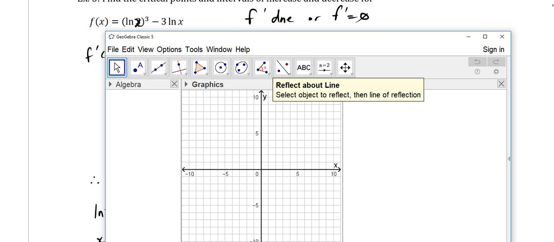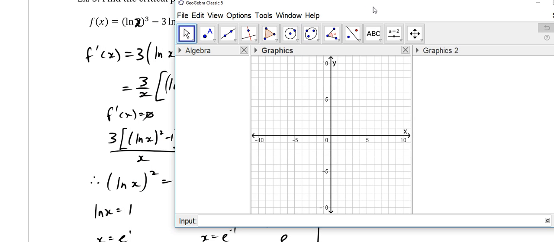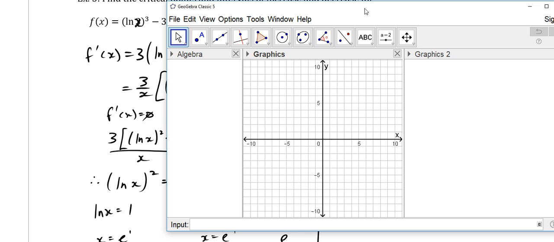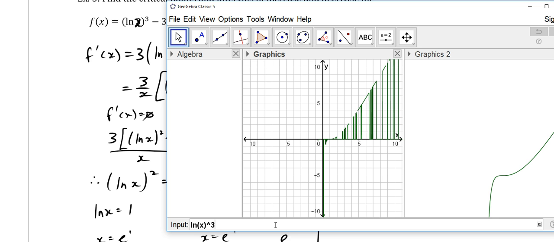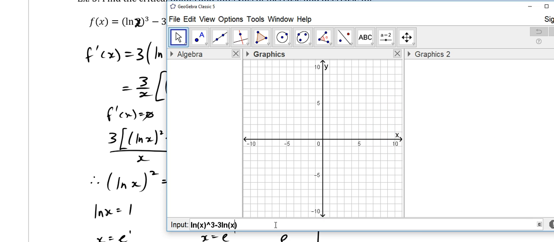What do you think if x is 0? Anything? Anybody have any ideas? We'll look at this more tomorrow, but ln of x minus, cubed. Yeah, minus 3 ln of x.